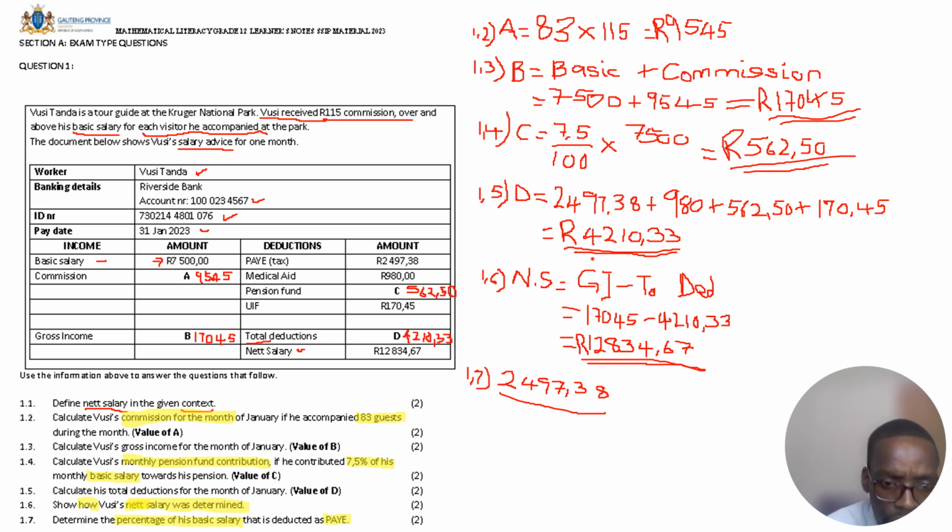Because it's a percentage of basic salary, we are taking PAYE and expressing it as a percentage of the basic salary, which is written here as 7,500. So we are dividing that by 7,500.